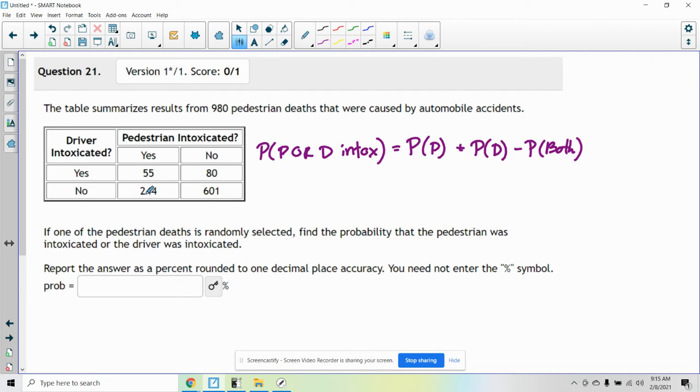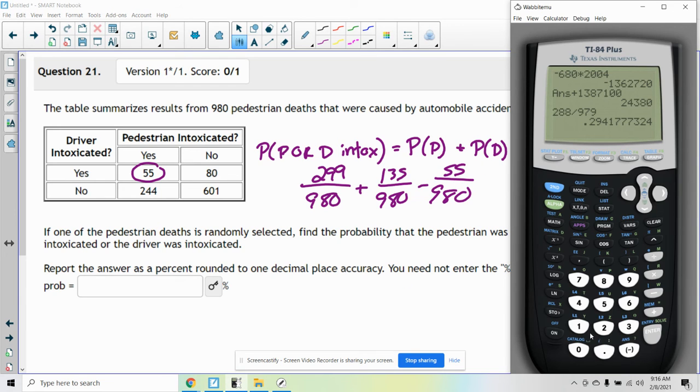So the probability the pedestrian's intoxicated is going to be all of these. So this is going to be 299 out of 980 plus the probability that the driver was intoxicated, which would be these two, 55 and 80, 135 over 980, minus that group I counted twice, both pedestrian and driver intoxicated, minus 55 out of 980.